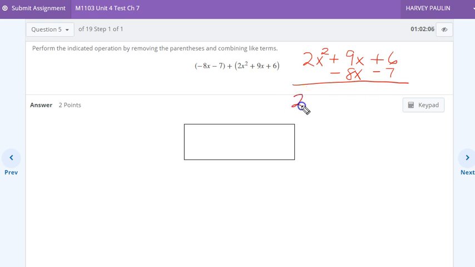So this gives us 2x squared. Now here this is going to be plus 1x, but we don't write the 1. And here this is going to be a negative 1. And take your time, check your work. That looks good.